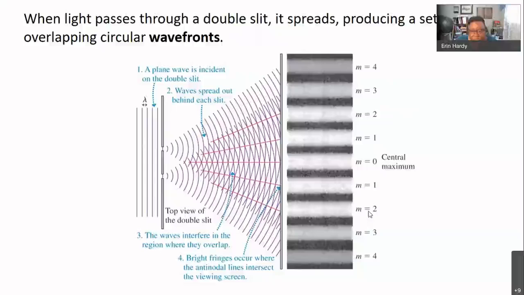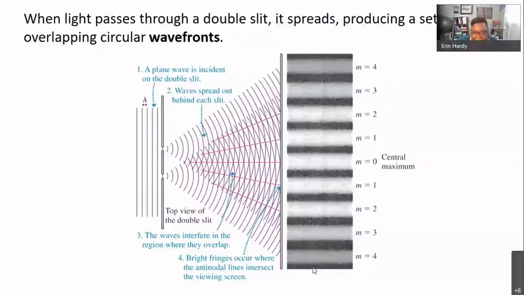Next, I have 2m equal to 2s, 2m equal to 3s, and so on. The broadness of the pattern that you would catch on a screen depends on the combination of the wavelength of light that you're using to produce the pattern and the separation between these two slits.